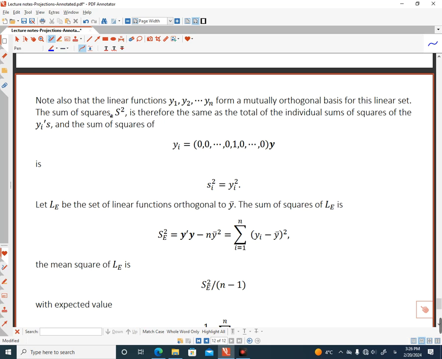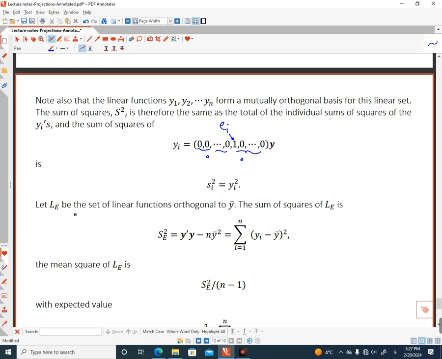So the sum of squares S square is the same as the total of individual sums of squares of yi. And if I consider ei as a residual or remainder vector, whose ith element is equal to 1 and the rest equal to 0, then si square is simply yi square.